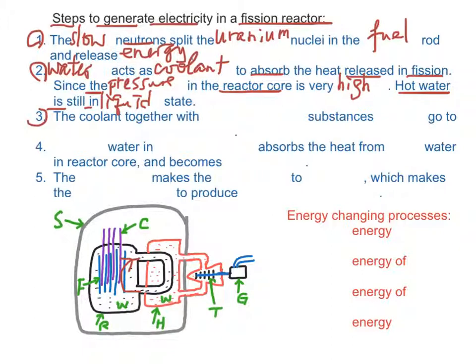Next, the coolant together with radioactive substances such as barium and krypton go to the heat exchanger.